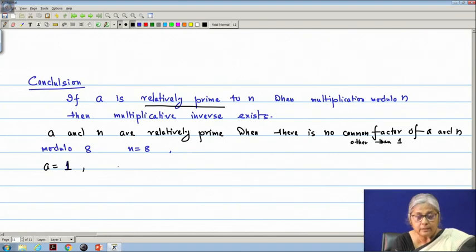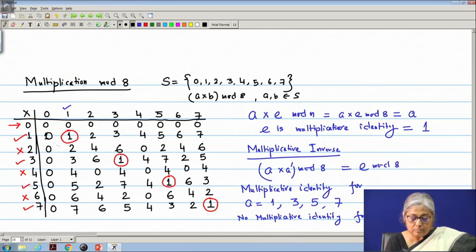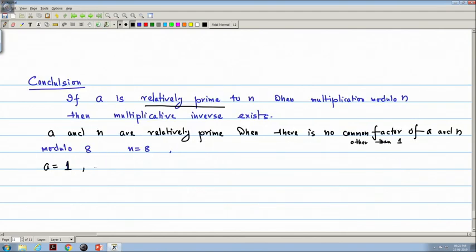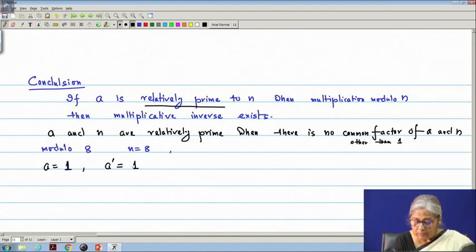So, 1 and 8 are relatively prime, and we are getting that the inverse is 1 only. We are getting A dash equal to 1.